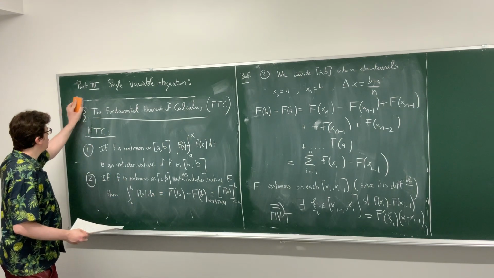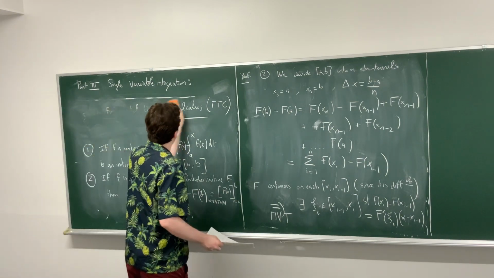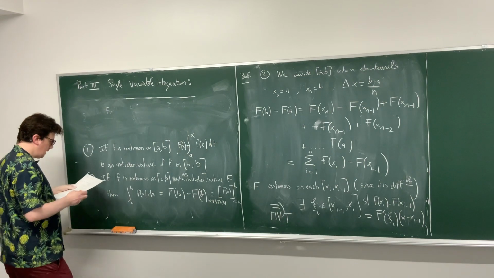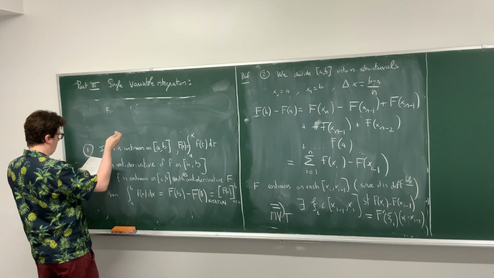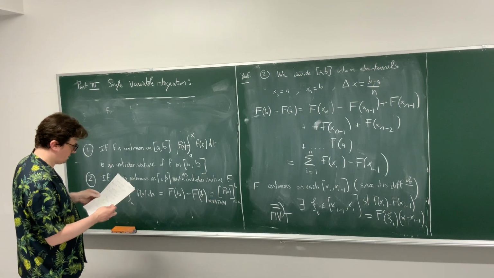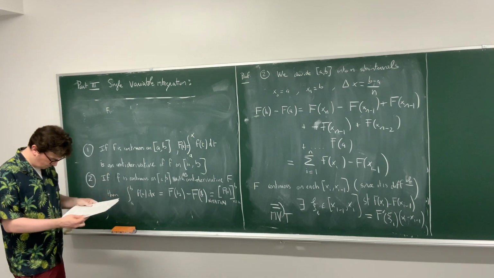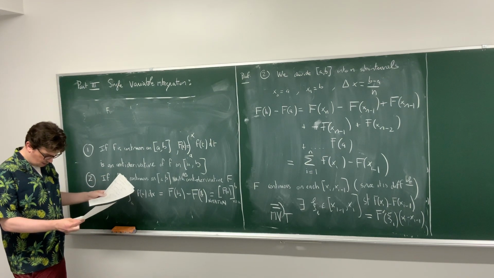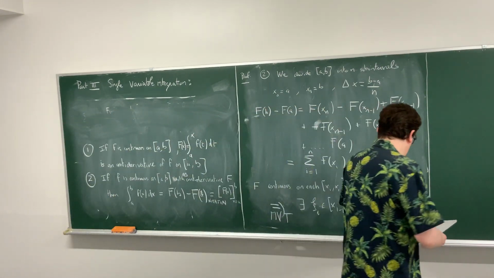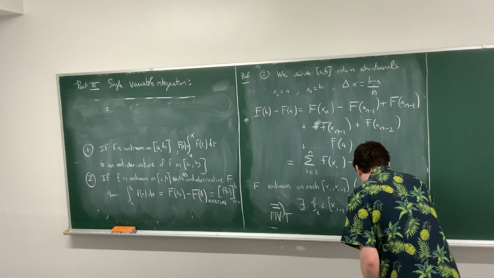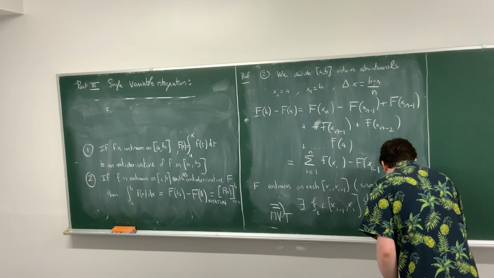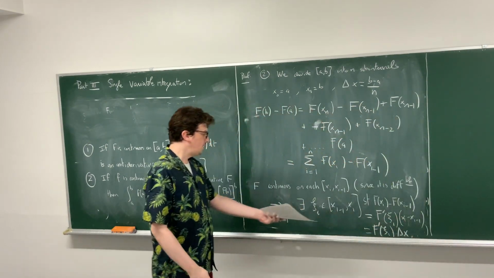And how to finish? It's a pity to erase statement 1, so I would like to avoid this. So this guy is just f of ci times delta x. You see?